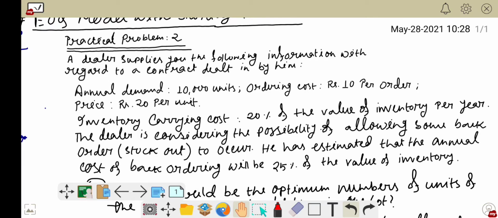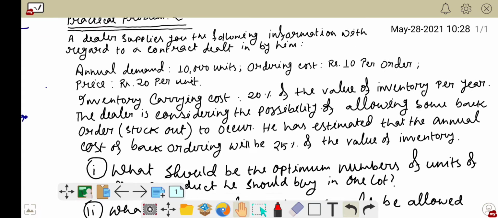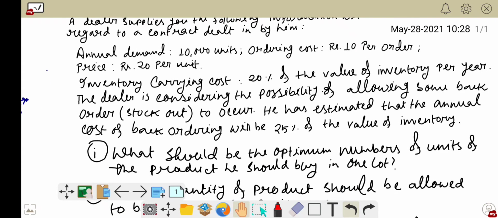The dealer is considering the possibility of allowing some back orders, stock out, to occur. He has estimated that the annual cost of back ordering will be 25% of the value of inventory.